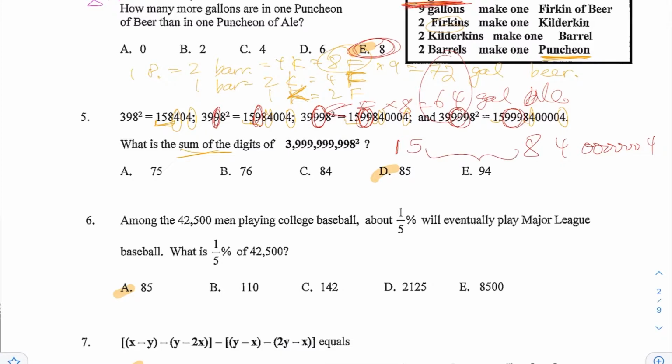And in between are the 9s. Now, if you count how many extra 9s you have, because remember, with 398 you have 0 9s here. So you have 1, 2, 3, 4, 5, 6, 7 9s. So that means you'll have 7 9s here.